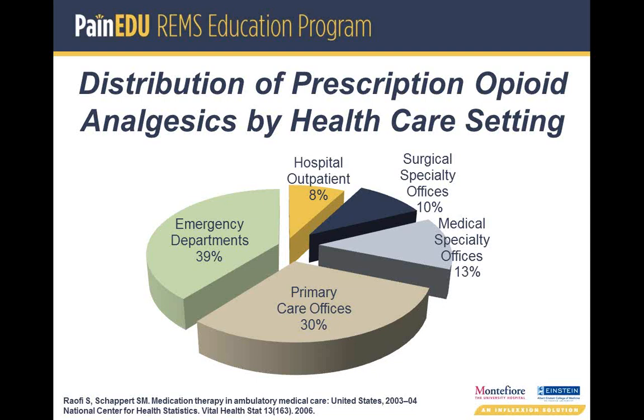Looking at the breakdown, nearly 40% of prescription opioids are coming out of emergency rooms. 30% are coming out of primary care offices. So really only 30% of prescriptions being written are coming out of specialty settings, such as surgical offices, specialty offices, and following outpatient procedures.